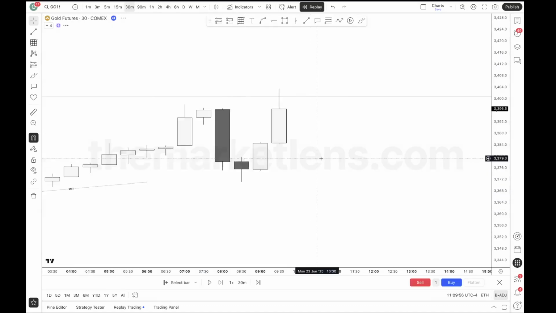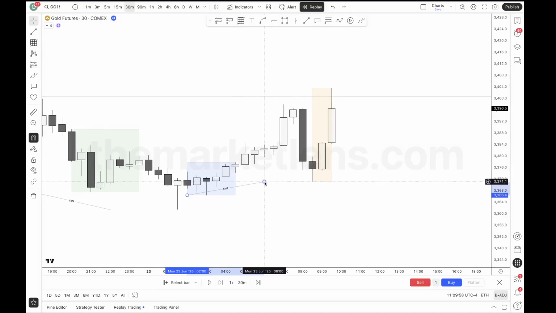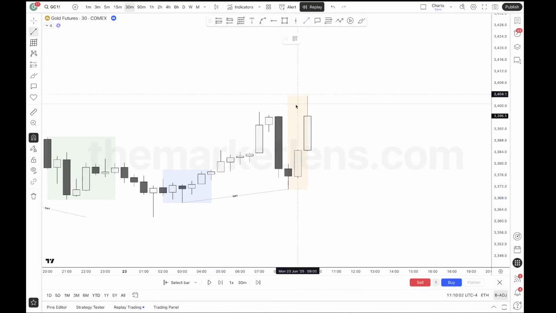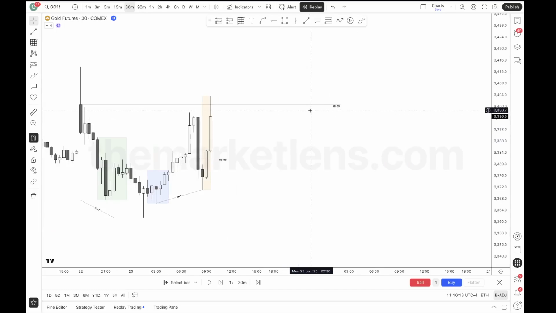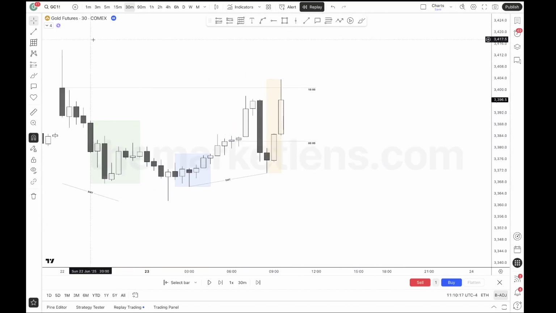So when I drop lower, I'm going to ask myself, does this candle support expansion? So let's draw out the 6 a.m. open. Okay, there it is. So does 6 a.m. support expansion? The answer is yes, right?